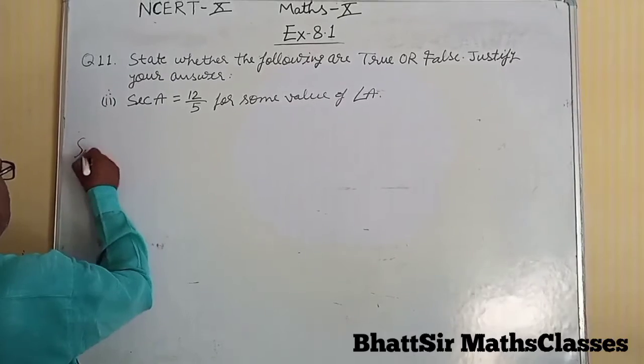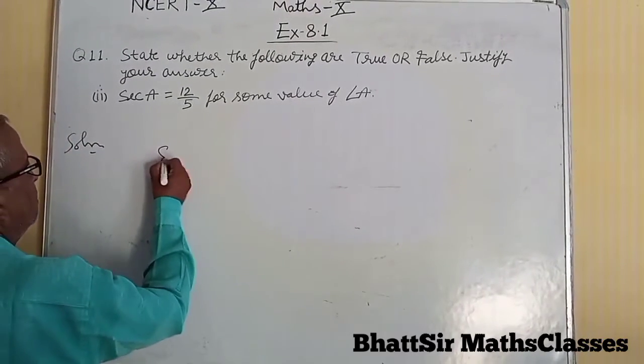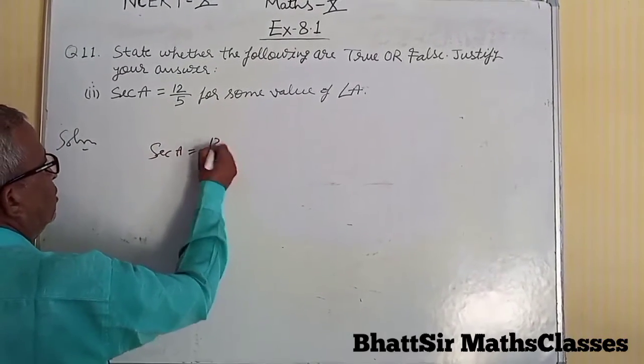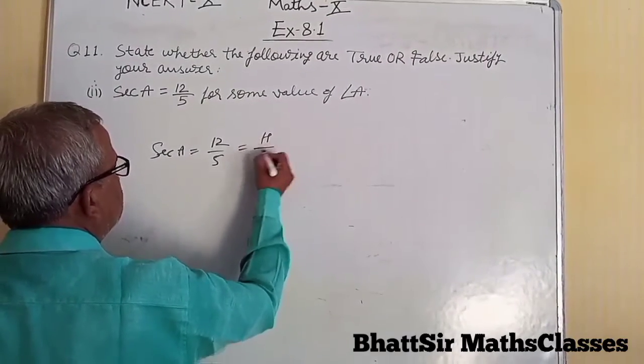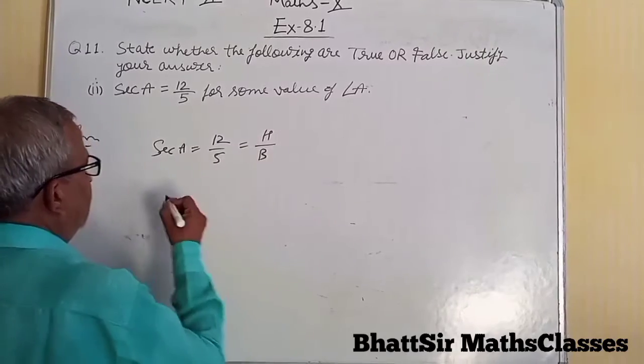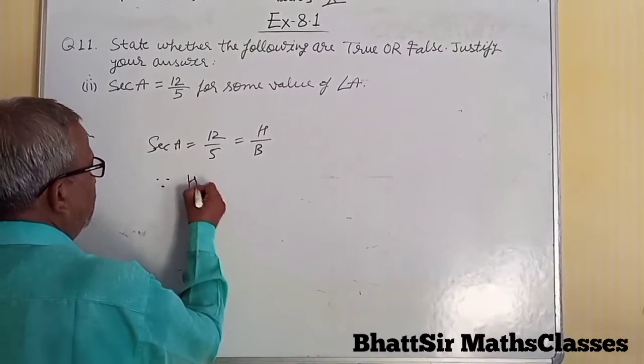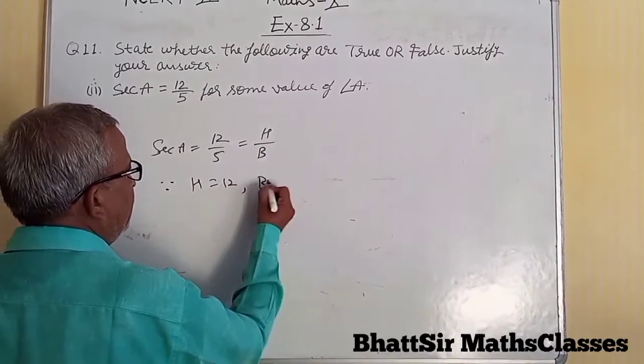I am giving a solution. Sec A is 12 upon 5. But you know that sec theta equal to hypotenuse over base. It means hypotenuse is 12 and base is 5.